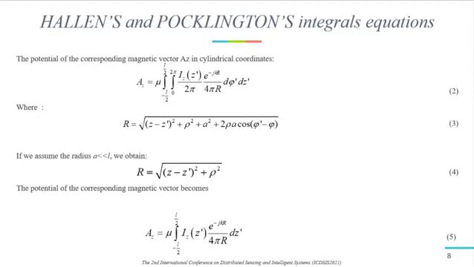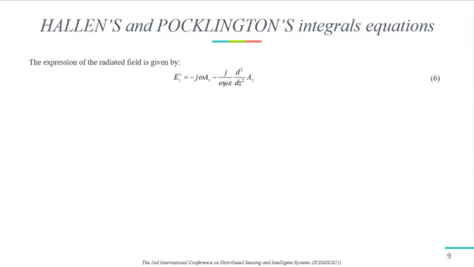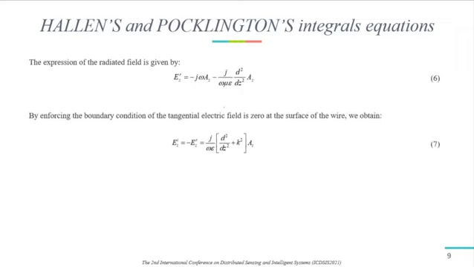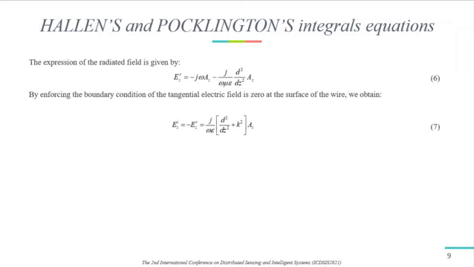With the same approximation, the magnetic vector potential becomes the expression presented by equation 5. And the expression of the radiated field is given by equation 6. By enforcing the boundary condition that the tangential electric field is zero at the surface of the wire, we obtain that the tangential electric field is equal to minus the radiated field.